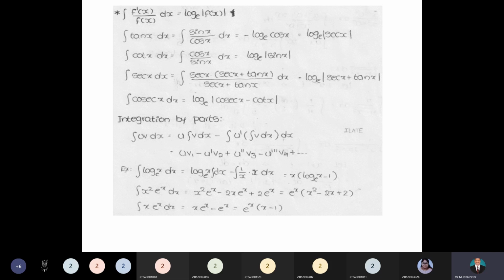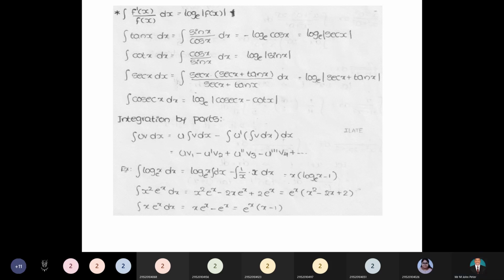The derivatives will continue till we get 0. First, log base e x, then integral of dx equals x. So the first term you will get is x log base e x, minus the derivative of u, that is log x, which is 1 by x.